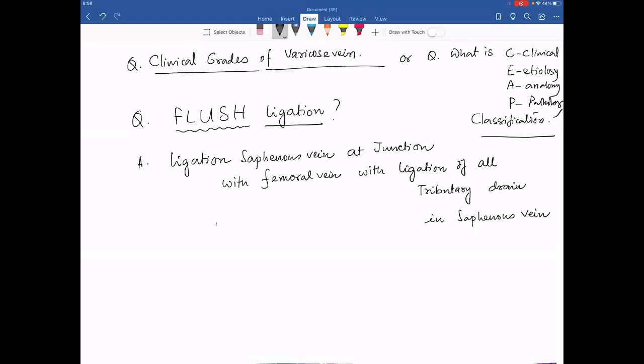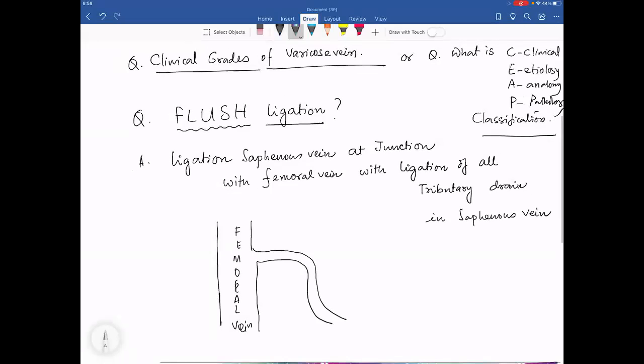That means if this is the femoral vein, the great saphenous vein is like this, and the great saphenous vein has a few tributaries to be known. Okay, where are you going to put the ligature?